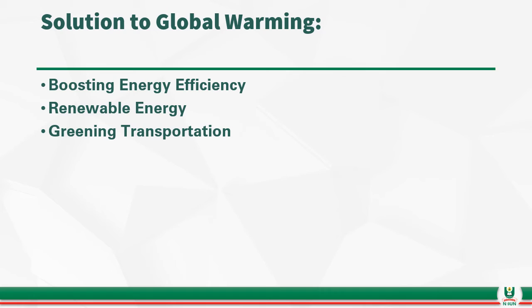The third one is greening transportation. Emission of carbon dioxide from vehicles is at a fast rate. Reducing the number of vehicles on the roads by using a mass transportation system will help. Using low carbon fossil fuel will also deliver huge results.